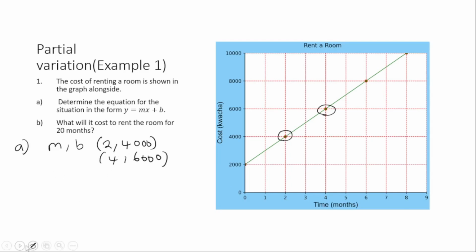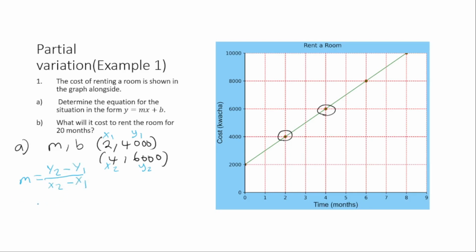So we have the ingredients now. We'll assign x1 and y1 to the first point, then x2 and y2 to the other one. To find the gradient, we know the formula is y2 minus y1 over x2 minus x1.